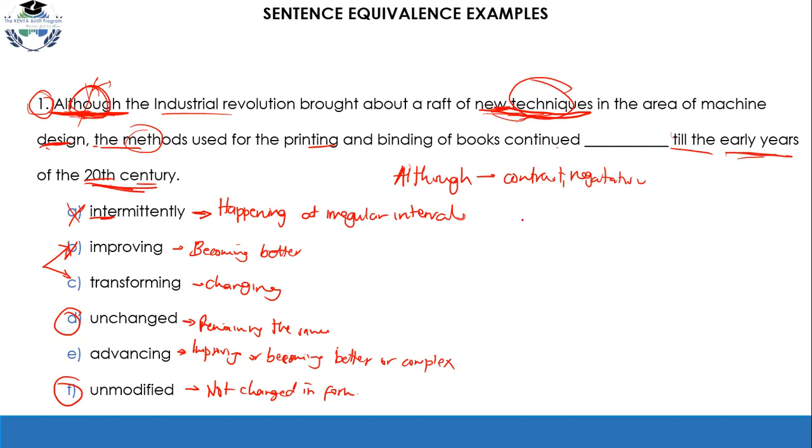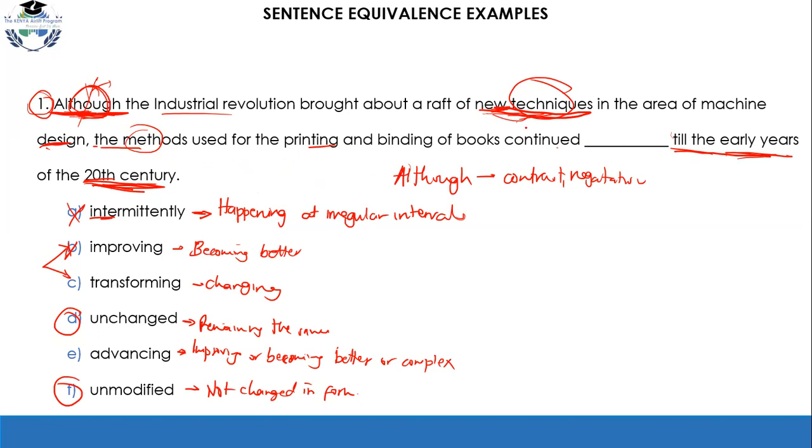Yes, that's a very good point. So Shadrach, basically until the early years of the 20th century, meaning after maybe the late years of the 20th century, this might have changed. If this paragraph was longer, we might have known that, right? Maybe we stopped printing and binding books. We don't really know. But until the early years of the 20th century, something remained constant for them because of the author here.